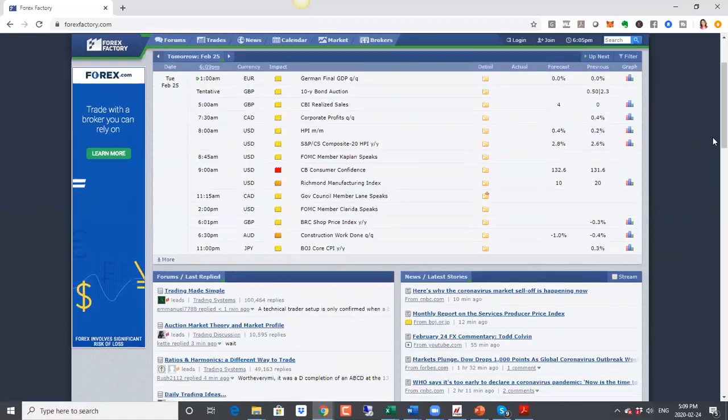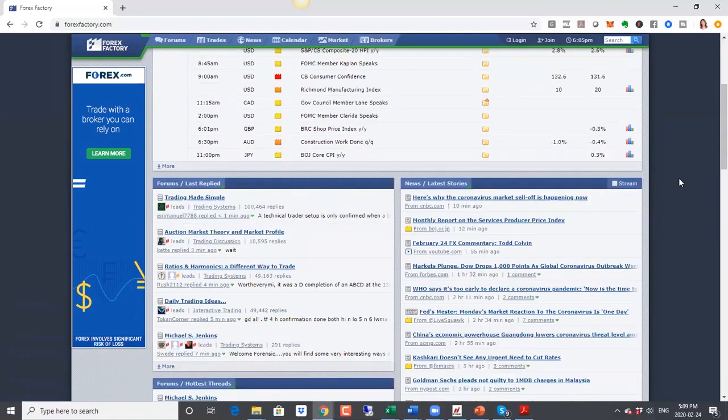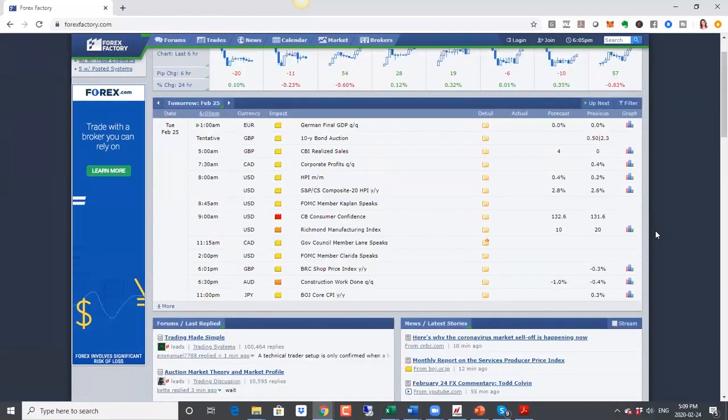A little while ago, we did say that the World Health Organization is not declaring coronavirus a pandemic just yet, and based on that, the market is reacting right now. When we have sudden moves like this, we could get the opposite moves as well. So just keep that in mind. Expect volatility in the markets.